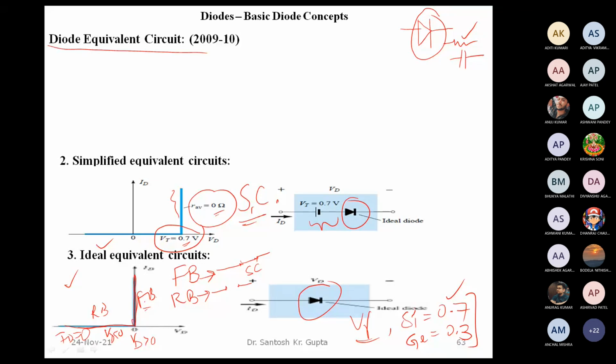But in our discussion, we have seen that the characteristics are not so, and the more accurate characteristic is like this.